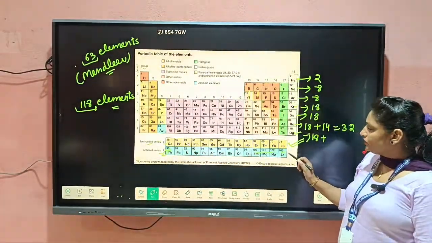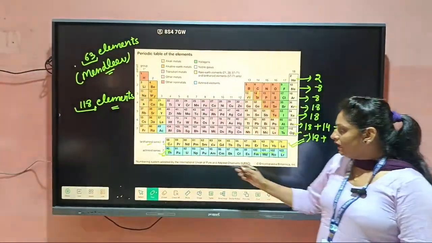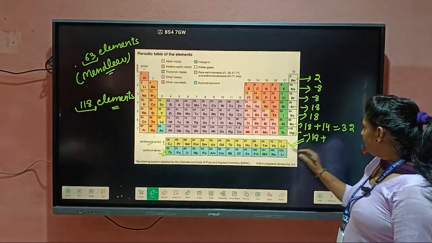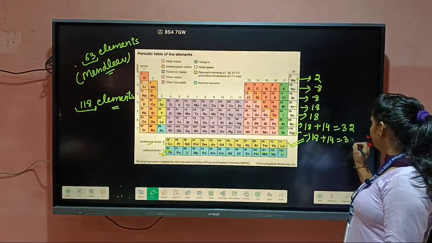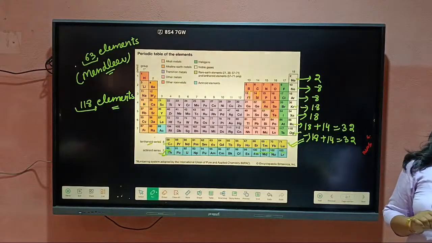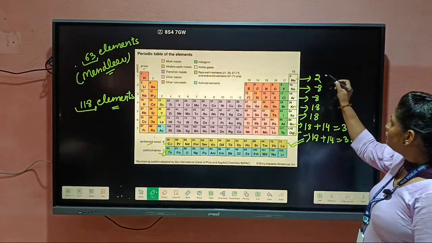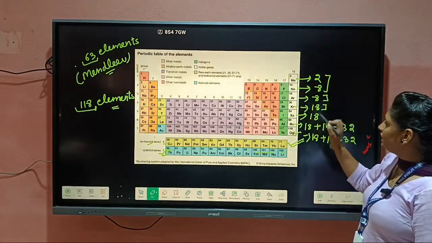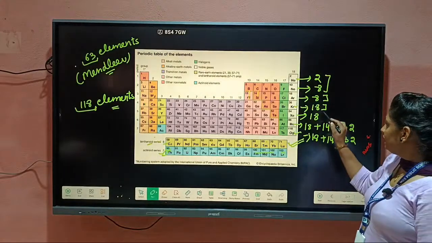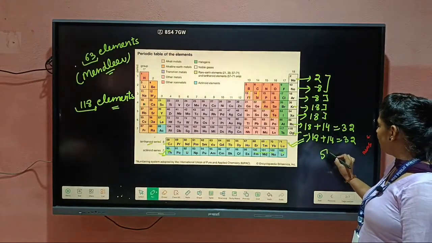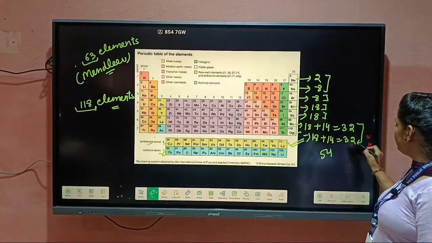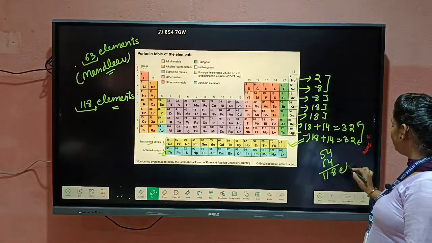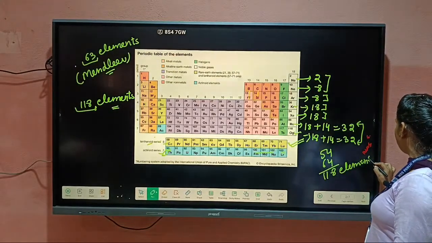It is also part of the seventh period. Again 18 plus 14, 32 elements. After adding all: 2 plus 8 is 10, 10 plus 8 is 18, 18 plus 18 is 36, plus 18 is 54. So 54 plus 32 plus 32 is 118. So there are a total of 118 elements in the modern periodic table.